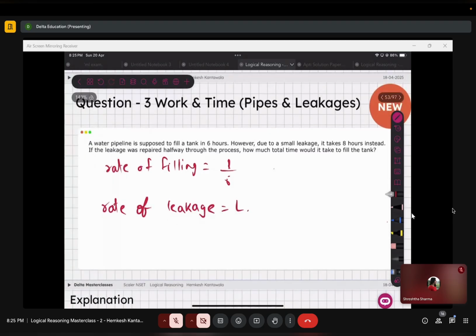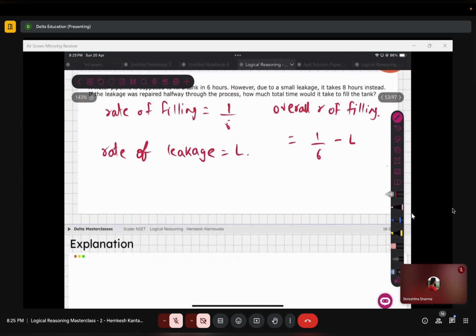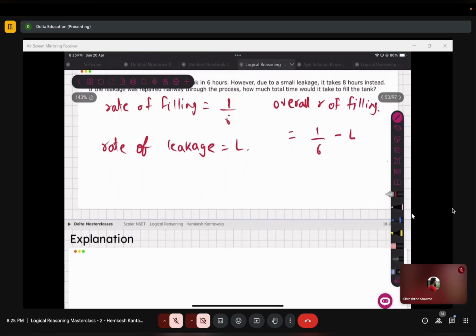So after leakage, we could find the overall rate of filling, which would be 1 by 6 minus L, correct? Now, what we know is that even after leakage it takes 8 hours to fill the tank completely.